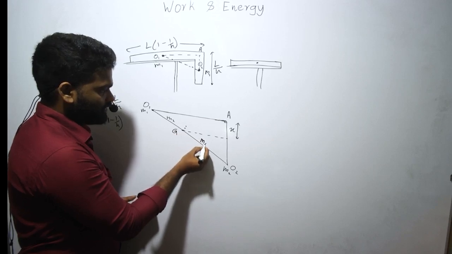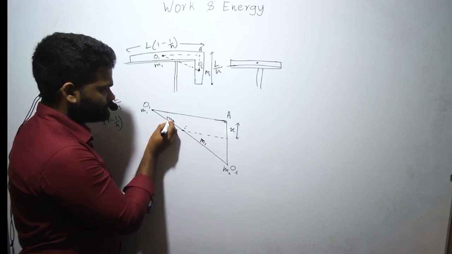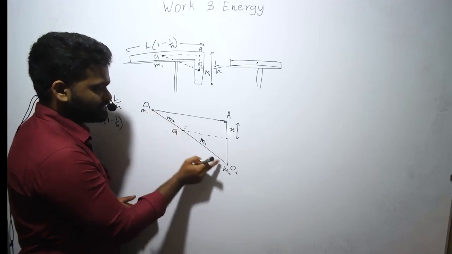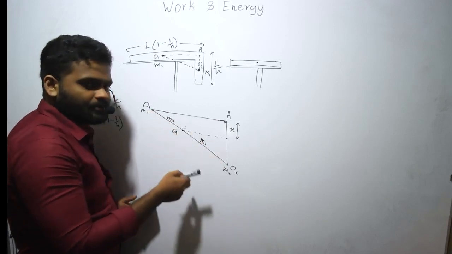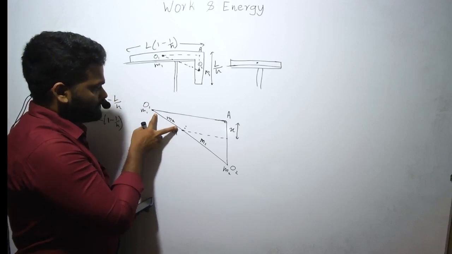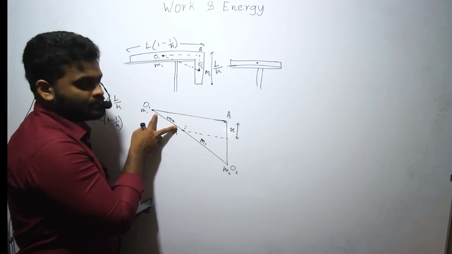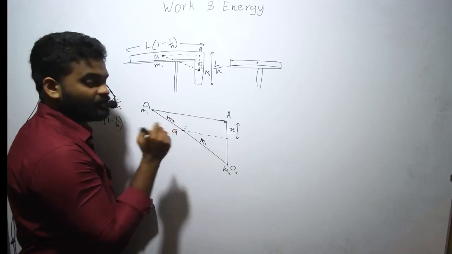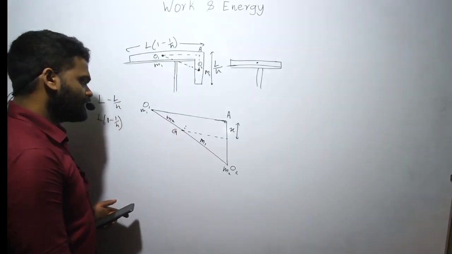It is inversely proportional to the mass. So the higher the mass, the lower this length. Right? So M2 is here, M1 is here.